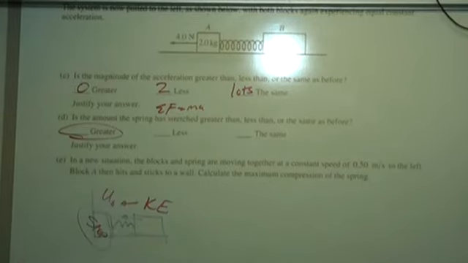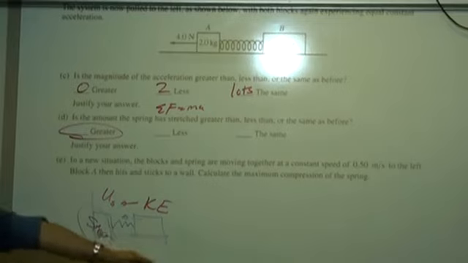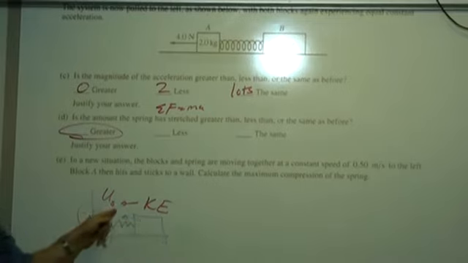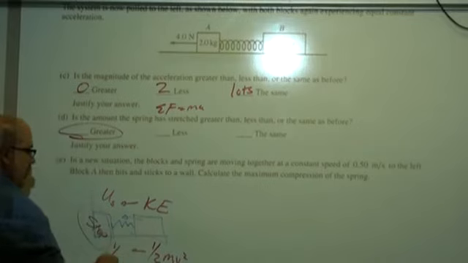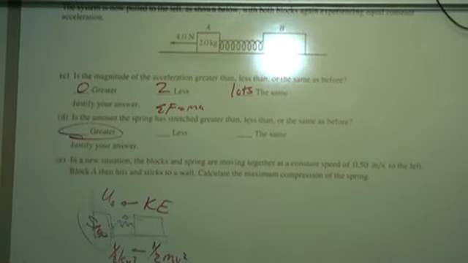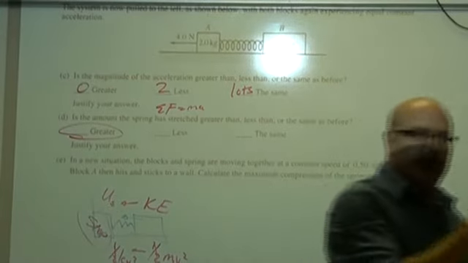That's the key, and that's a pretty hard question, actually. So 1/2 mv squared is all going to turn into 1/2 kx squared. The halves go away, and you can calculate the compression.